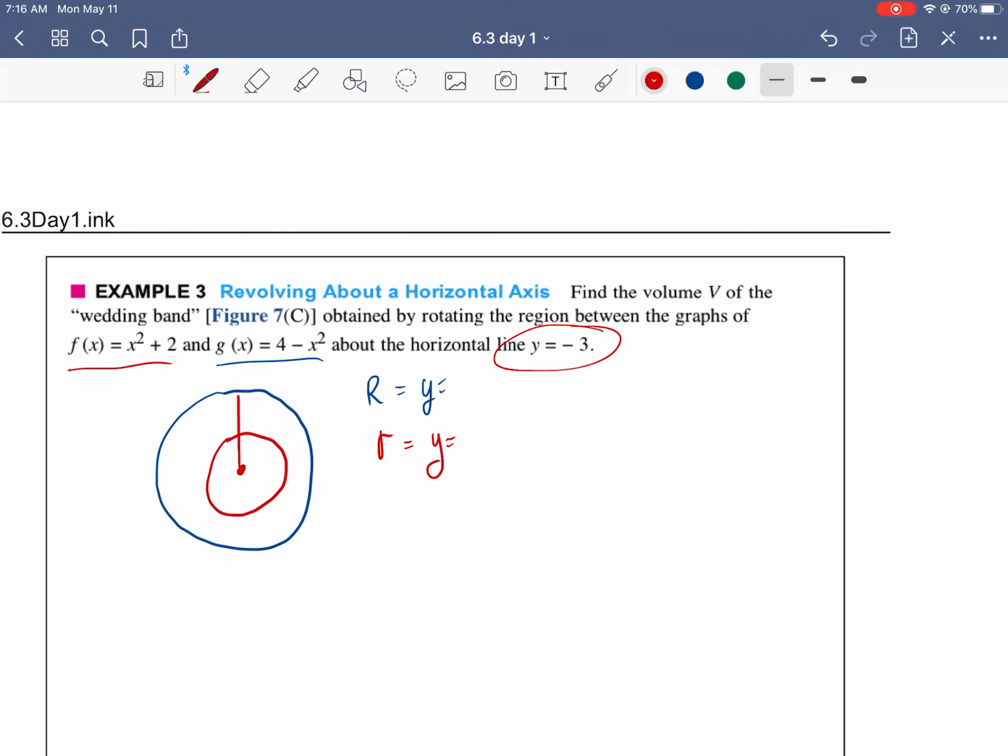And the axis of rotation was negative 3. Right? It got larger. We added 3. So x squared plus 2, the way I had you think about it, though, was top minus bottom. So, which, of course, ends up being plus 3 because it got larger.